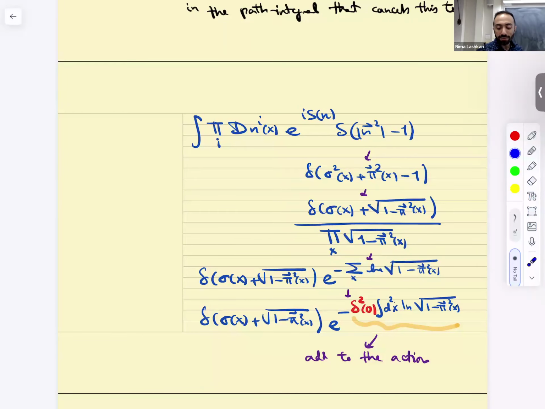It's a constraint on the value of the field n squared. So this is your constraint. What I did was plug in the value of sigma as square root of 1 minus pi squared. Whereas this is the condition that I should be dealing with. And if I write the Dirac delta function, it ends up being this. So there is this extra factor that I have to deal with.